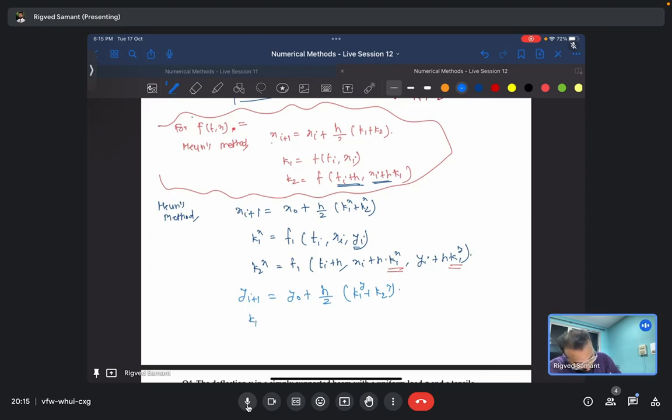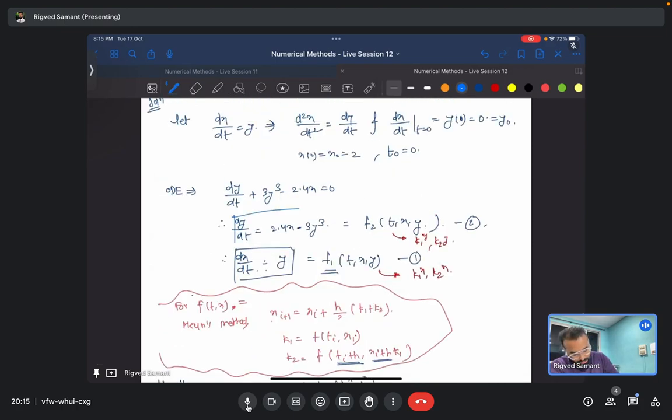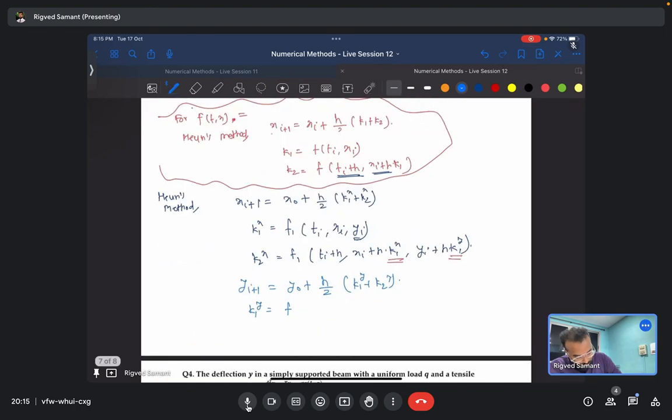What would k1y be? Now we are doing this for the second equation, so it would be f2 of t i, x i, y i. k2y would be f2 of t i plus h, x i plus h into k1x, y i plus h into k1y.